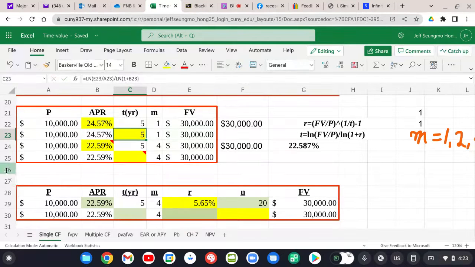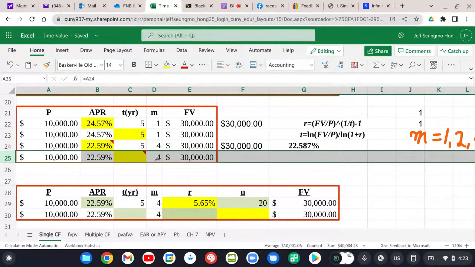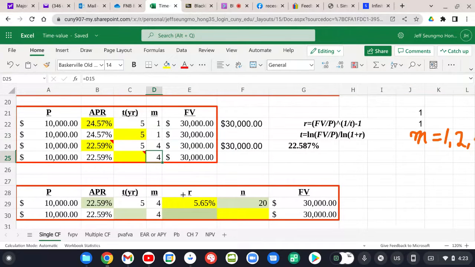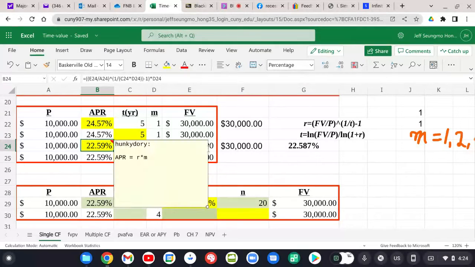Next one, row 25. Now this time compounding is quarterly. And of course, when compounding is quarterly, it takes smaller APR to arrive at the same target future value. So we know the answer already.